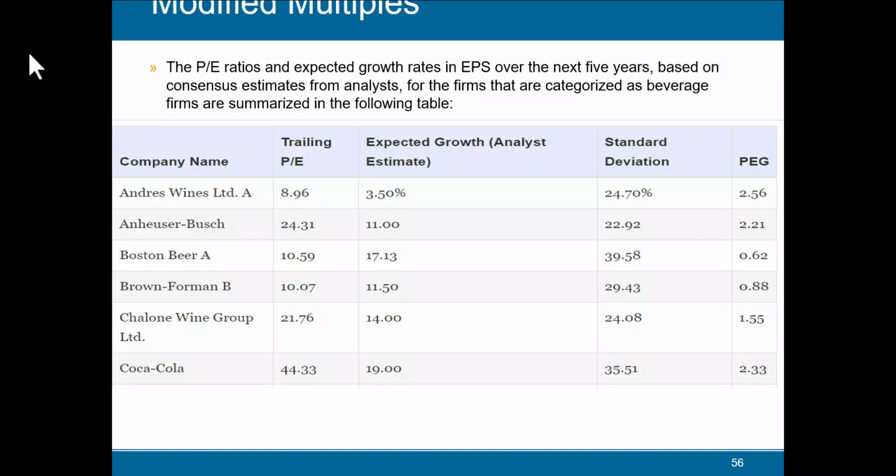Tell me, Astha, how does Boston Beer look to you? The PEG is 0.62. And what is the growth? Growth is very good, and the standard deviation is very high.